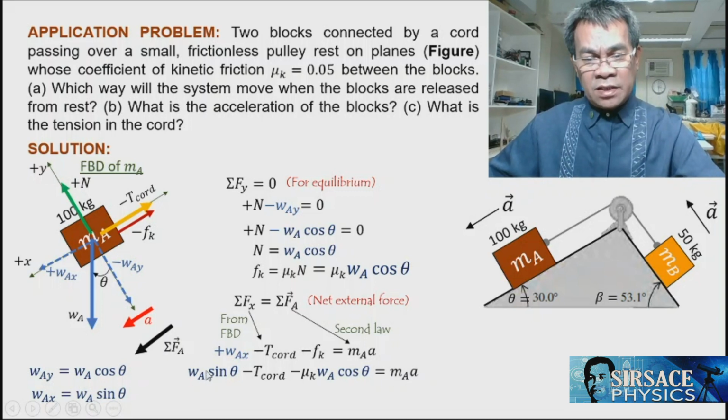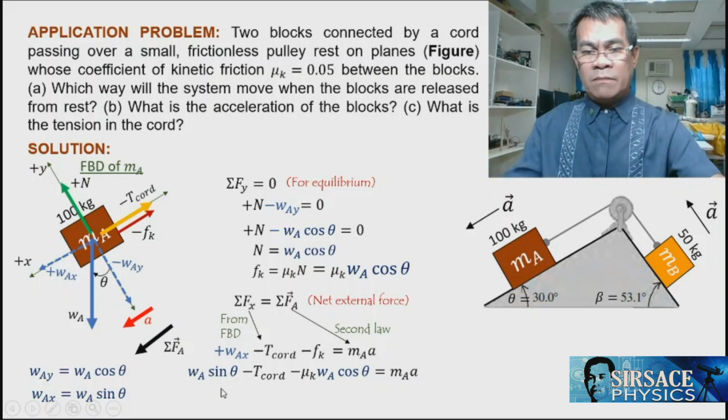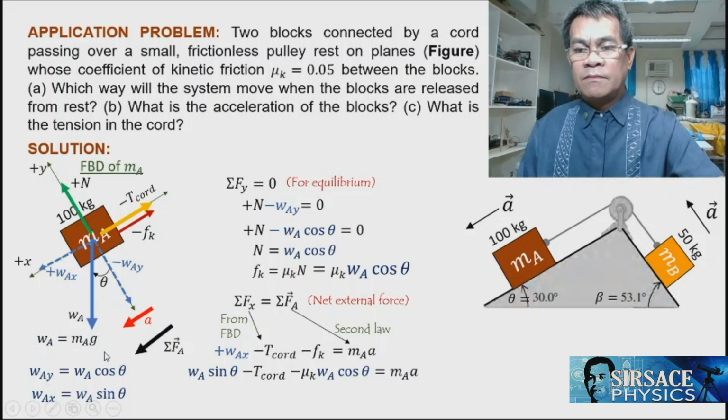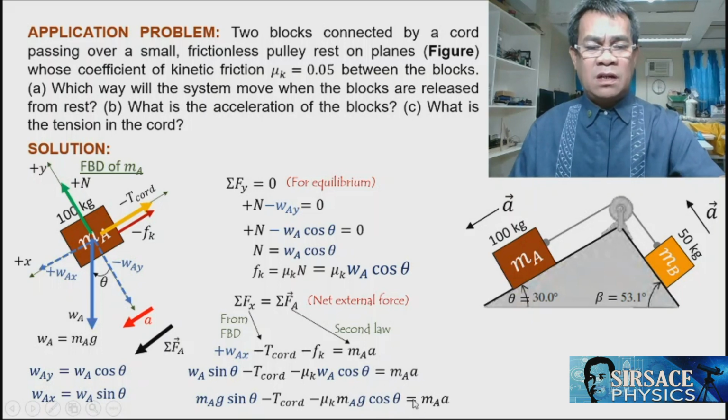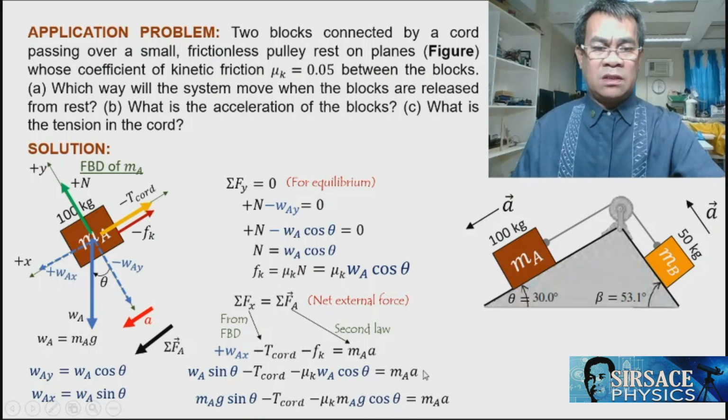Now take note that WA is the mass A times gravity. Replacing WA with mass A times g, we get mass A times g sine theta minus T cord minus mu k mass A g cosine theta, equated to mass A times a. So this is now the result.